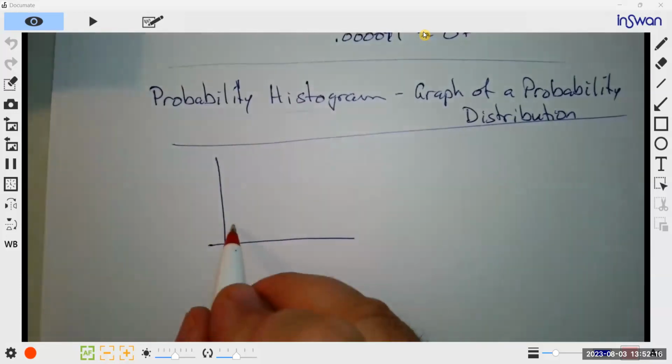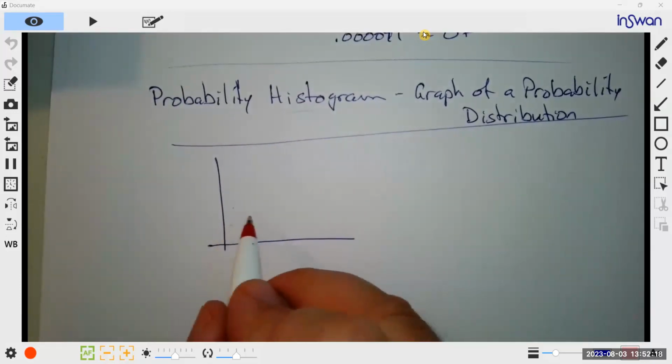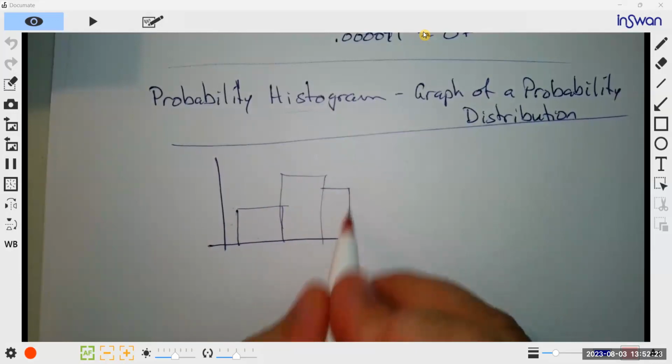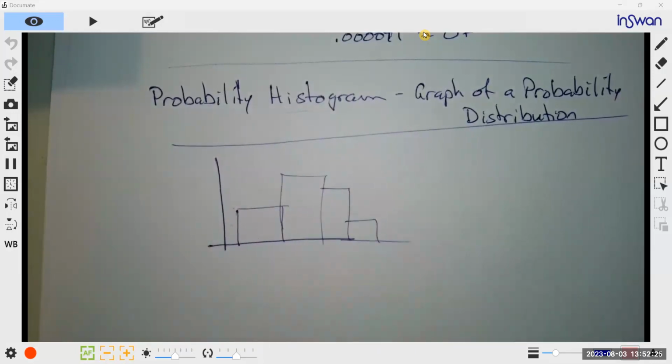Remember, a histogram is made up of bars. That's a histogram.